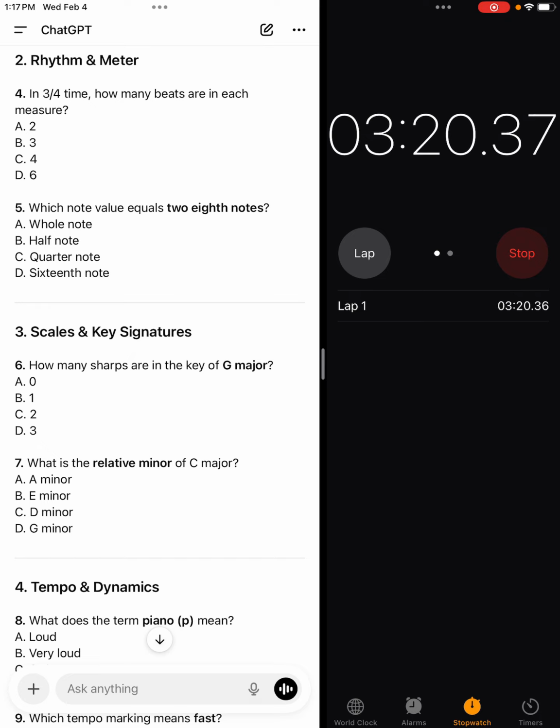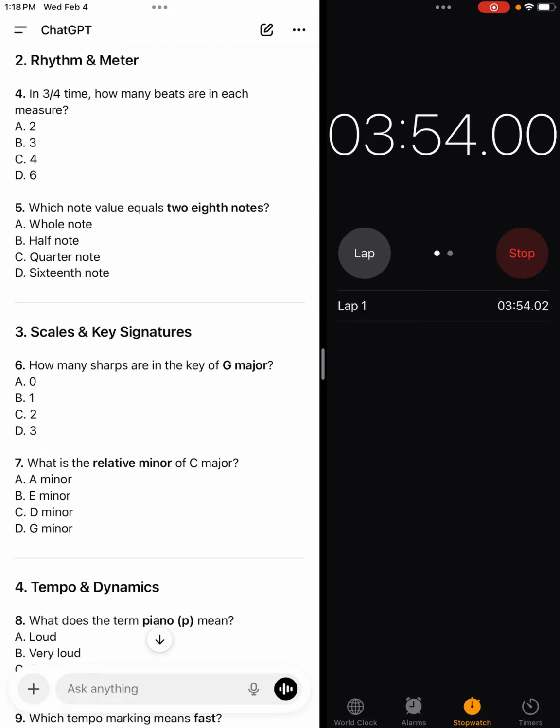Which note value equals two eighth notes? It would take 8 of them to equal a whole note, so that's a no. That's why I was wrong. It would take some other weird combinations. Let's see what you got: two eighth notes is a quarter note. Okay, I get what it's saying now.